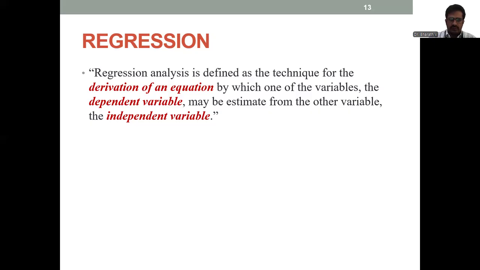The regression equation is y equals a plus bx plus error term, that is u. Y is the dependent variable, a is the constant or intercept, b is the slope, x is the independent variable, and u is the error term.